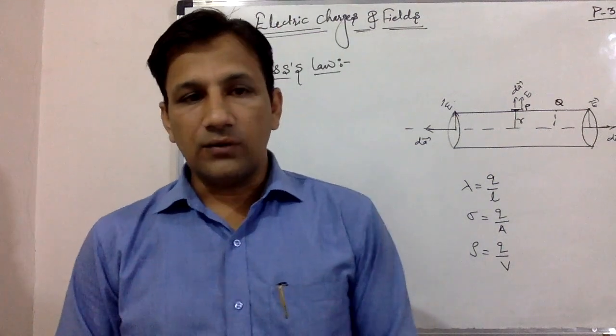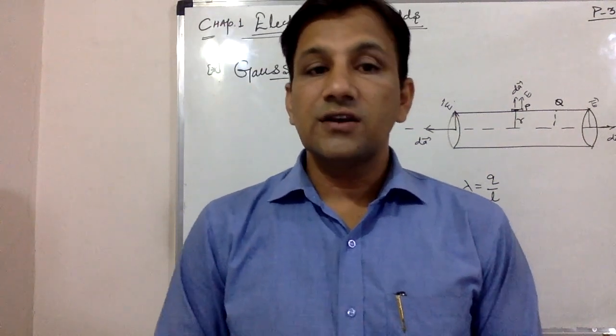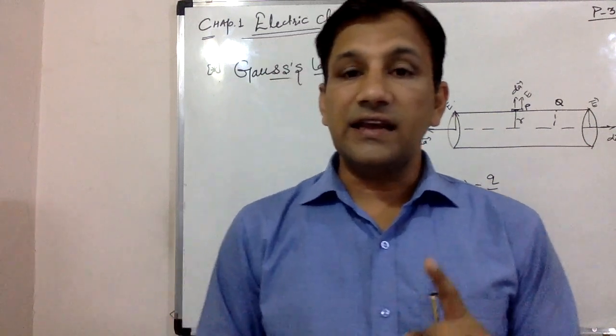Now imagine a cylindrical Gaussian surface of radius r and length l.